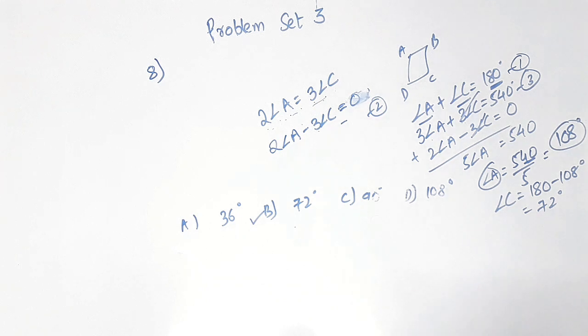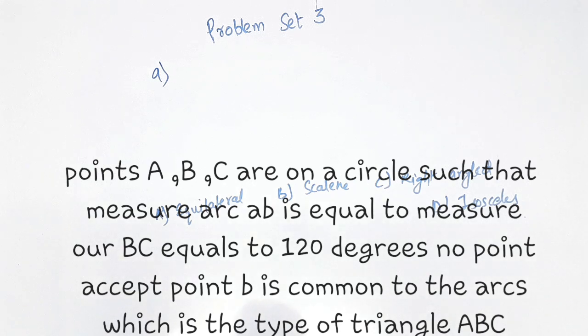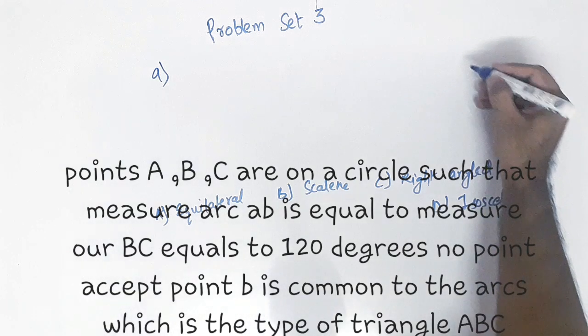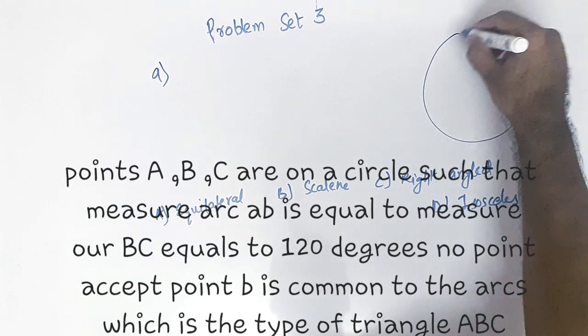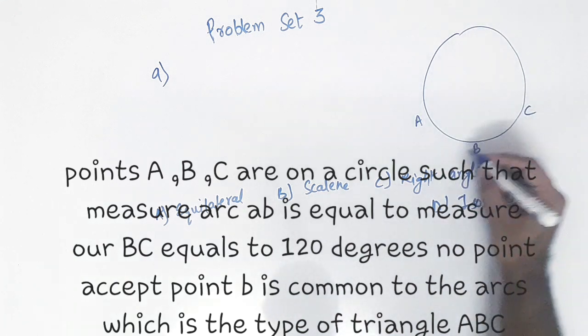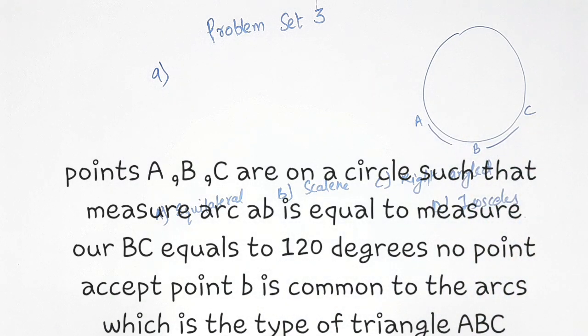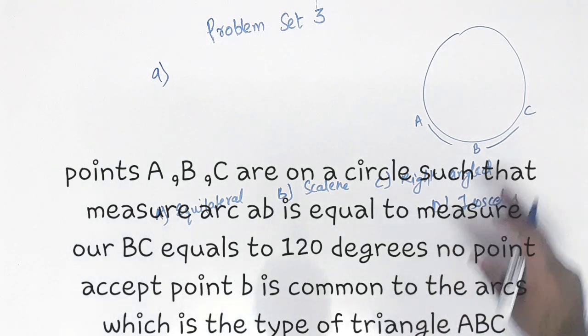Second option. Then coming to sum number 9, they have given points A, B, C are on a circle such that measure of arc AB is equal to measure of arc BC. So A I am writing here, C I am writing here. This arc is equal to this arc, such that each of them is 120 degrees.